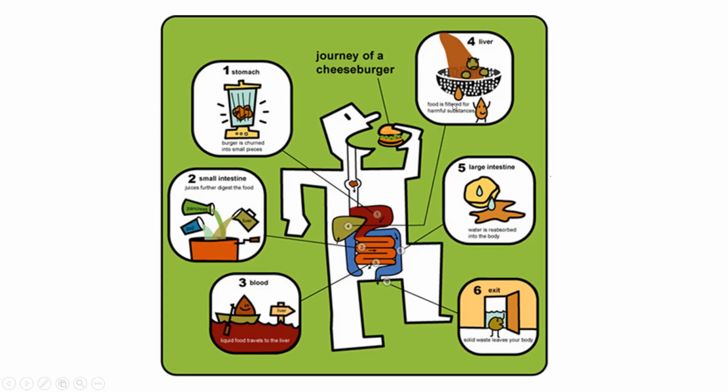In the case of the liver, what the liver does is it removes unwanted substances from the blood. After that, the leftover food is moved towards the large intestine where more water is absorbed, because all of the nutritional elements are absorbed in the small intestine area. In the large intestine area, only the water portion gets absorbed.